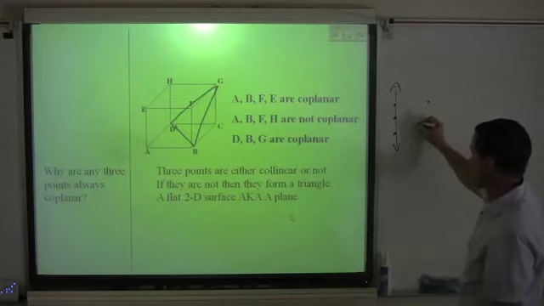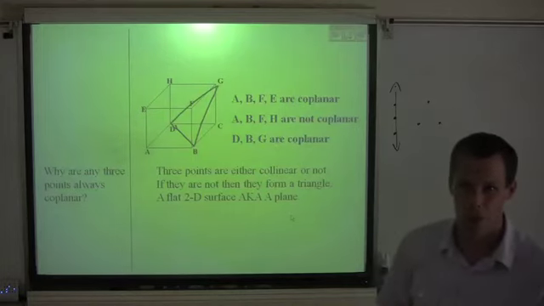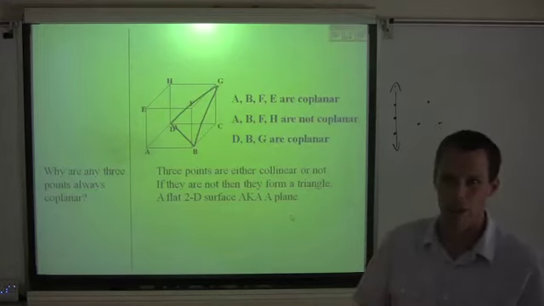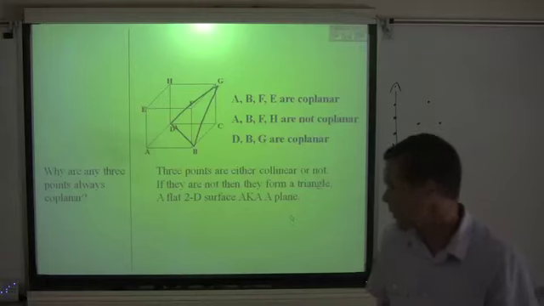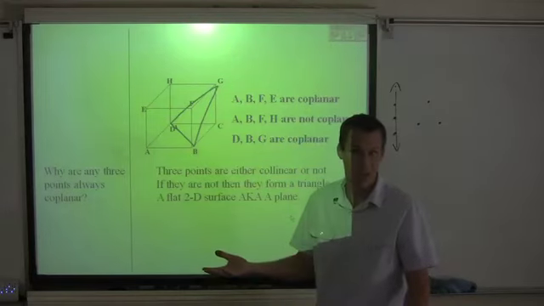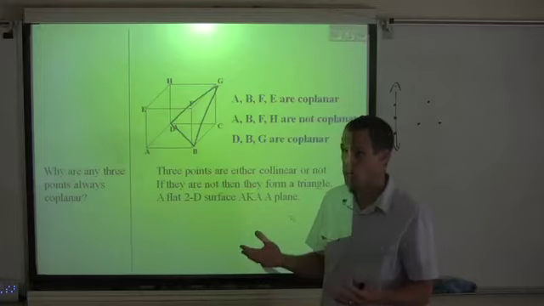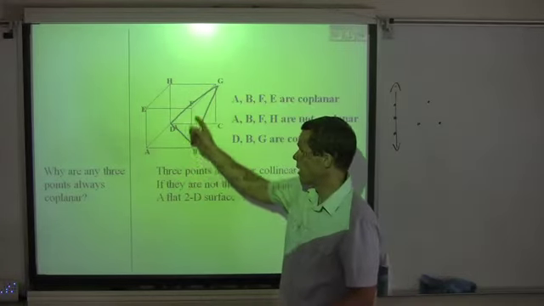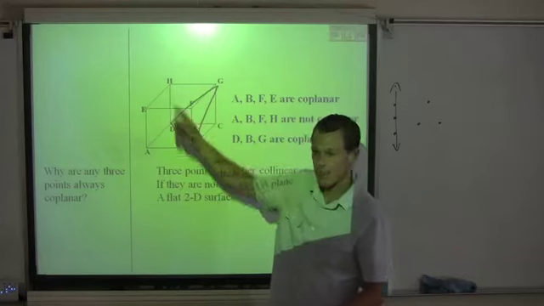The other option is that they're not collinear. Well, if 3 points are not collinear, they form a triangle. A triangle is a 2-dimensional figure and therefore coplanar. So if I ask you, 3 points are coplanar? The answer is always. 4 points coplanar? Sometimes. Sometimes they are. Sometimes they're not.